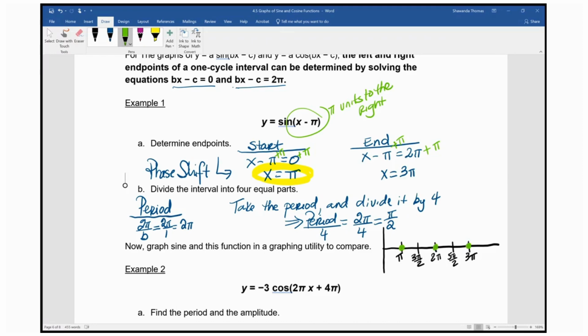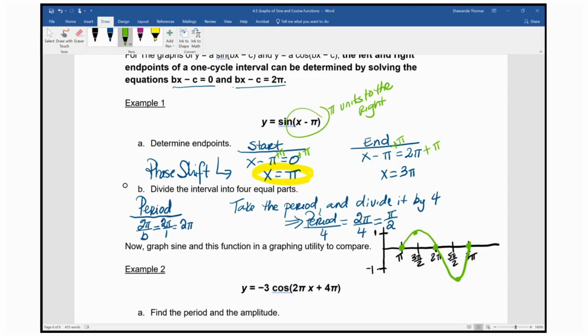Okay, we didn't even talk about the amplitude, did we? What is the amplitude for this? 1. That was kind of understood. And then we know in between the x-intercepts for sine, between the first two x-intercepts it's going to go up, and between the next two it's going to go down like this.